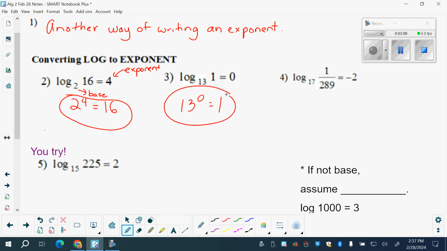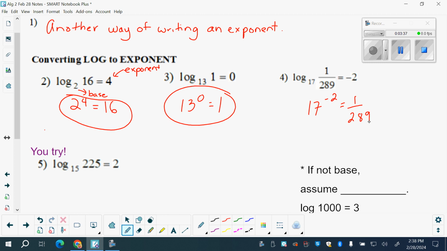Okay, can I get a hand, please, to do the next one, changing this to exponential form? Yeah, thank you. So then it's just going to be equal to this right here, 1 over 289.